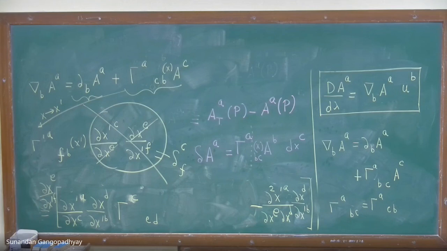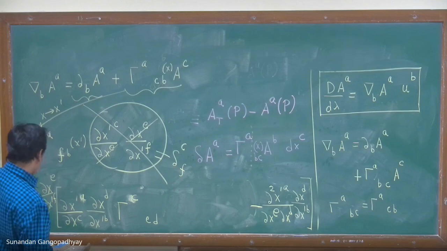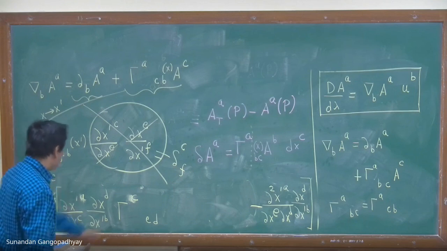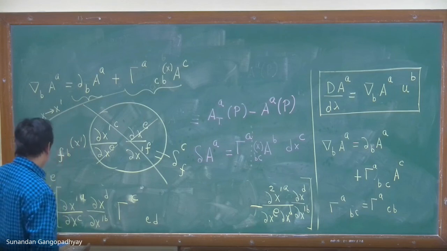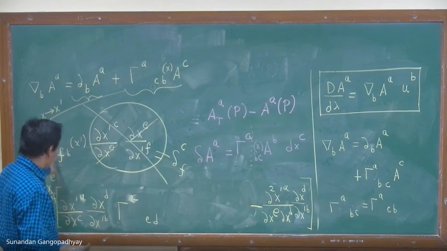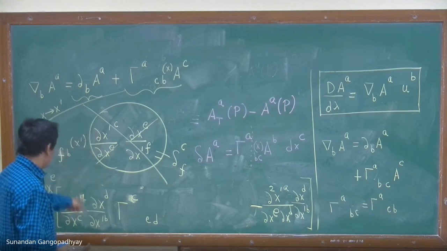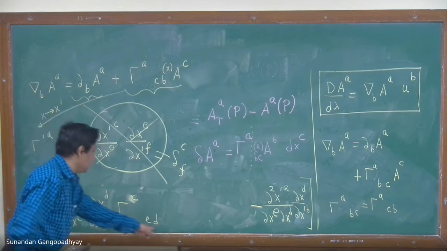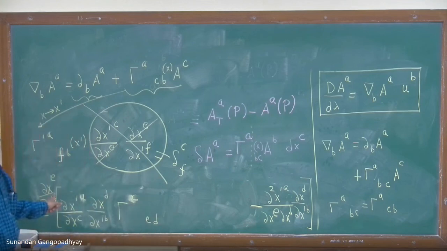And now you can see, since there are three indices, del x prime A del x C contraction with gamma C, then you have del x E del x prime F because of this index, contraction with gamma E, and then you have del x D del x prime B. So the first term transforms like a tensor.